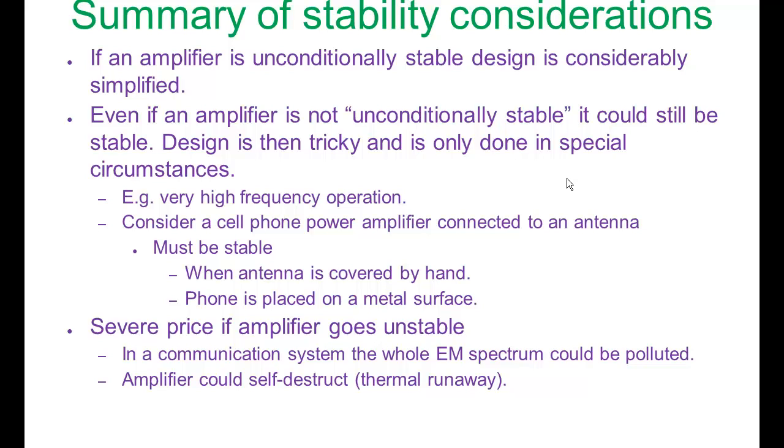Because from the service provider's point of view, that phone is going to take down the whole network, and that phone is going to have to be tracked down, and that could be a very expensive operation. So the penalties, both from the performance of the system perspective and from the perspective of the penalties that a manufacturer has to pay, are so high that we absolutely must design for unconditional stability if at all possible.